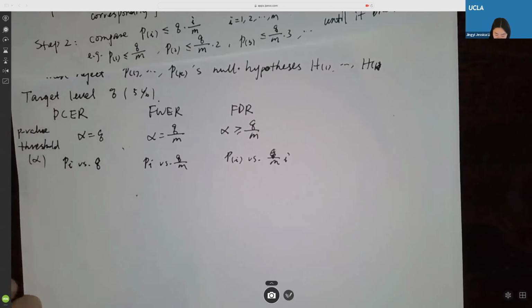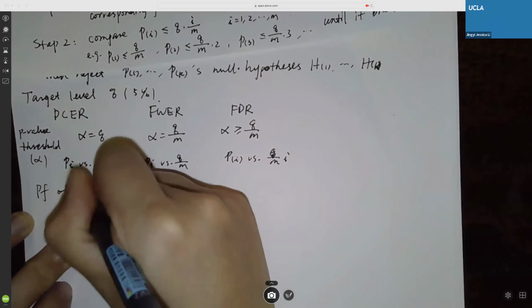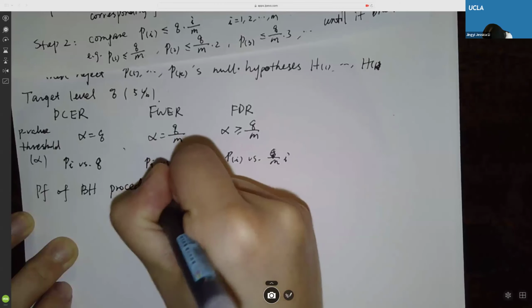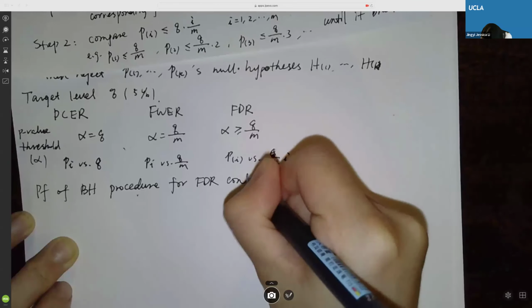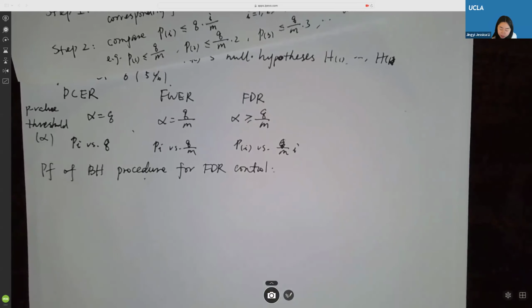So an informal proof can be thought about in this way.